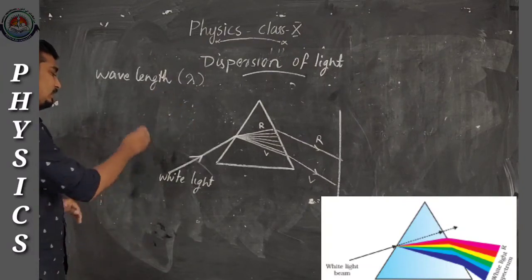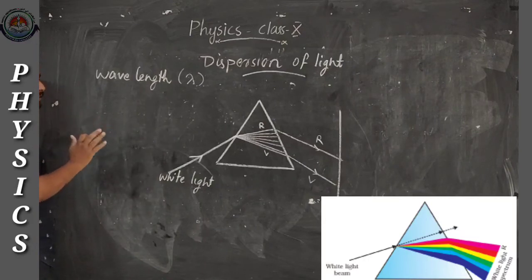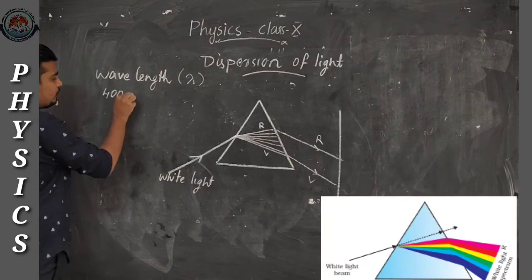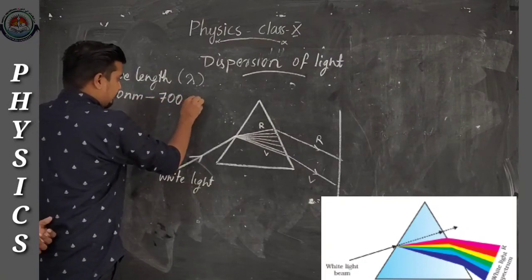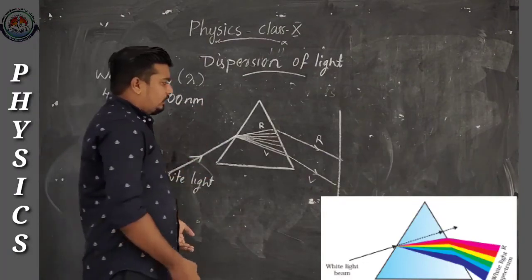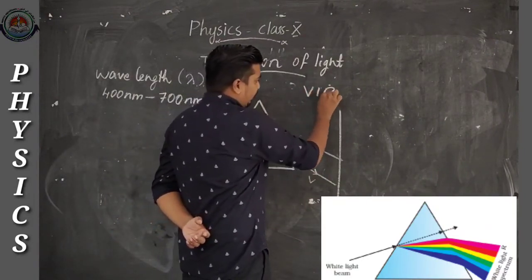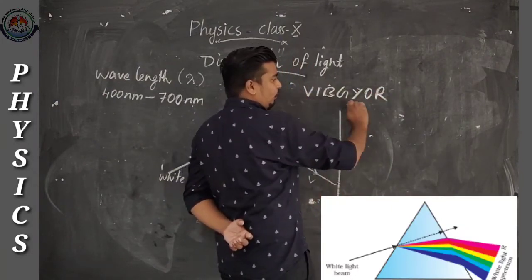Here the wavelength range of white light is 400 nanometer to 700 nanometer. Here we form the colors VIBGYOR. This is the correct order of arrangement.